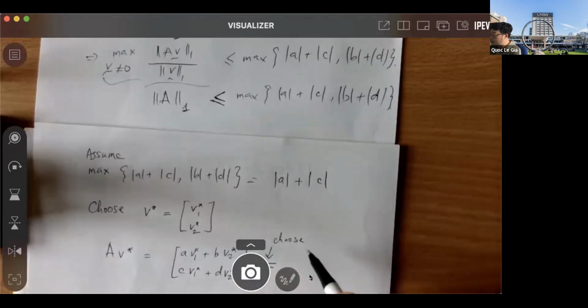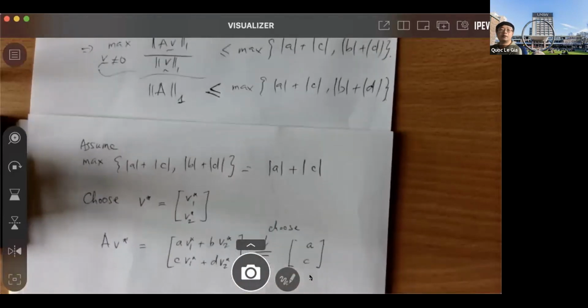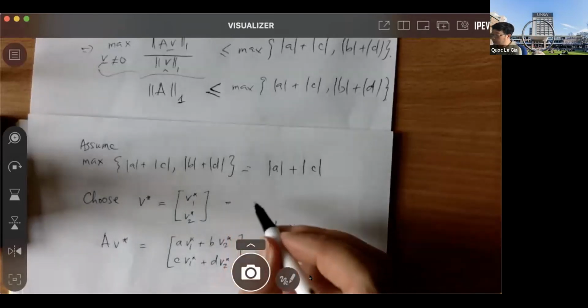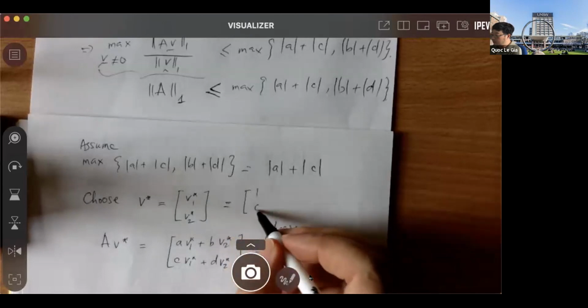So what I want is to choose so that this one is just equal A and this one is just equal C. So how do I choose V? Just use unit vectors: you choose this one to be 1, 0.